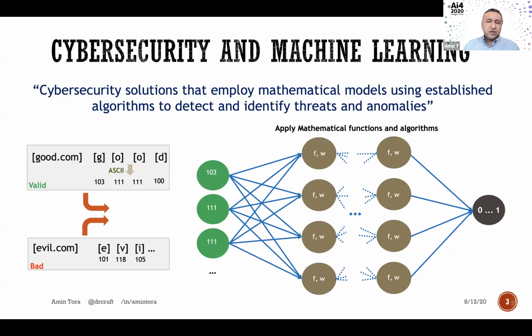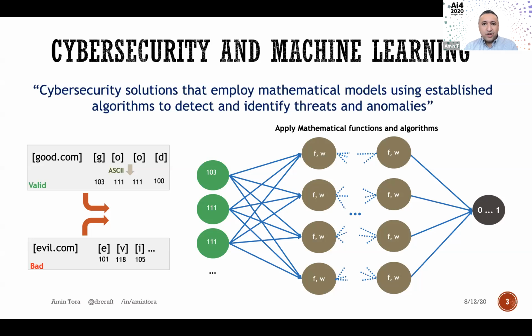Now, within cybersecurity, machine learning could be defined as solutions that utilize mathematical models using established algorithms, or if you're clever enough, you come up with your own new algorithms to detect and identify threats and anomalies. As a general case, you may have a neural network where you take a domain like good.com, convert it to ASCII, and feed it into the neural network.